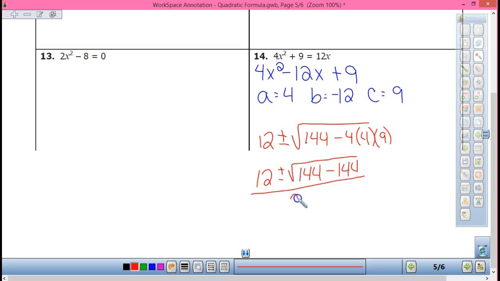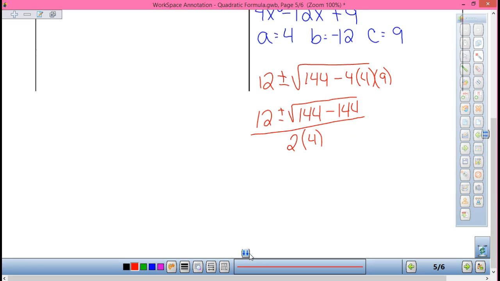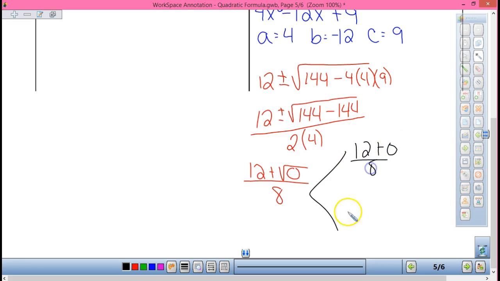All divided by 2 times 4. 2 times 4. Okay? So 12 plus or minus the square root of 0, all divided by 8. Alright, so when we split this into 2, I have 12 plus the square root of 0, 0 divided by 8, and 12 minus 0 divided by 8.